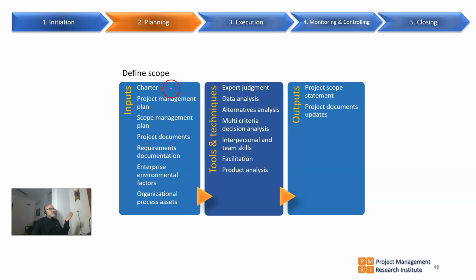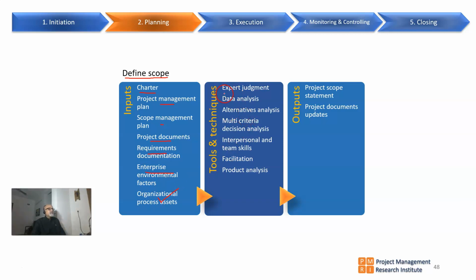Then we move on. Once the requirements are frozen, we get into defining the scope. Now here it is about defining the product: the drawings of the building, or the wireframes for IT projects. Again, the charter, project management plan, scope management plan, project documents, requirements documentation, enterprise environmental factors, and organizational process assets are inputs.